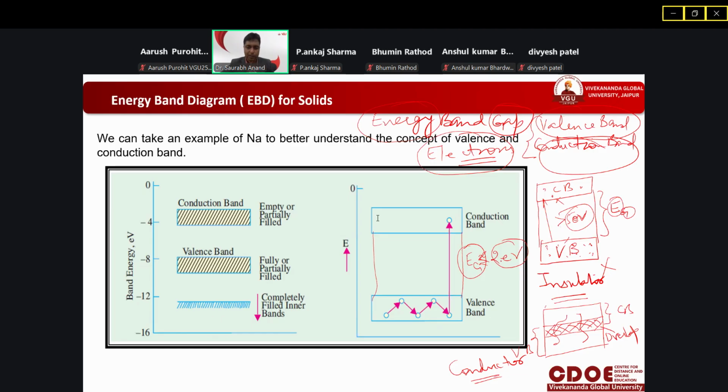There is a gap, but not very high, and it can be filled very easily after giving some energy to the electron. So the electron in the valence band will gain sufficient energy and shift from valence band to conduction band. After reaching there, the conduction will start. So this is the energy band gap of an insulator, this is the conductor, and this is the semiconductor.